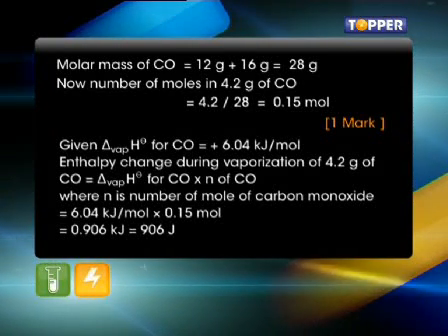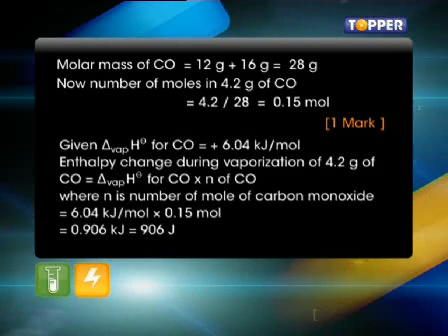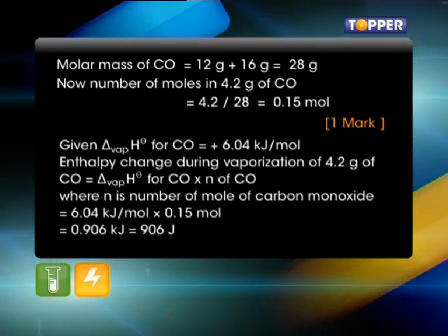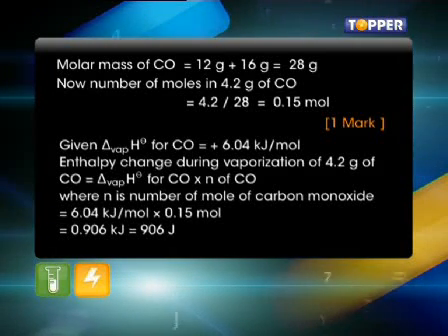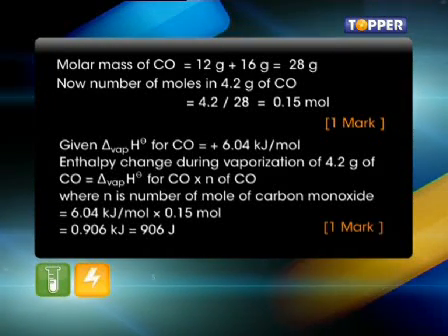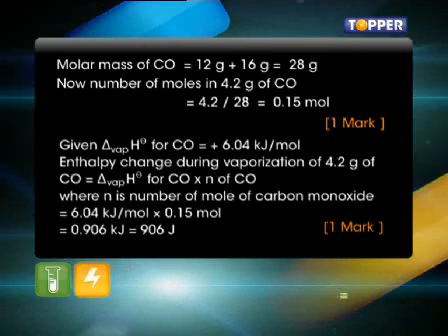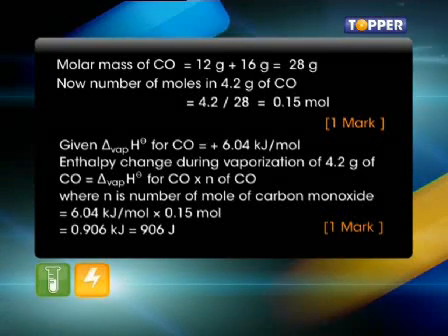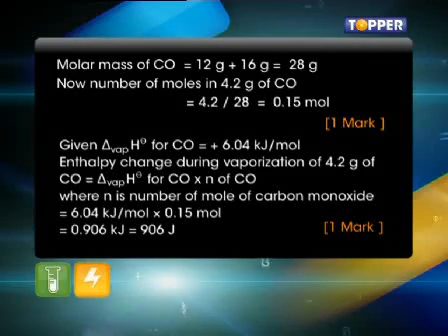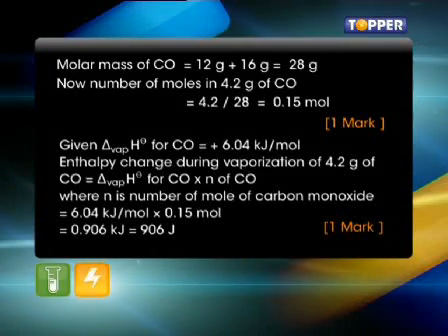Therefore, required enthalpy can be obtained by multiplying 0.15 with 6.04, which gives us the correct answer. On converting it to joules, we'll get the final remaining mark. Remember, it is important to always convert the final answer to the units that have been specified in the question.